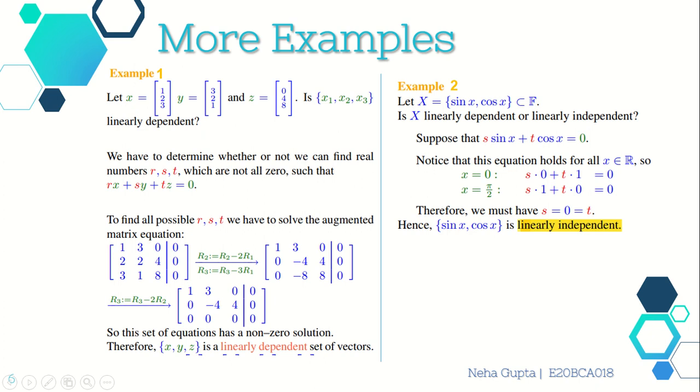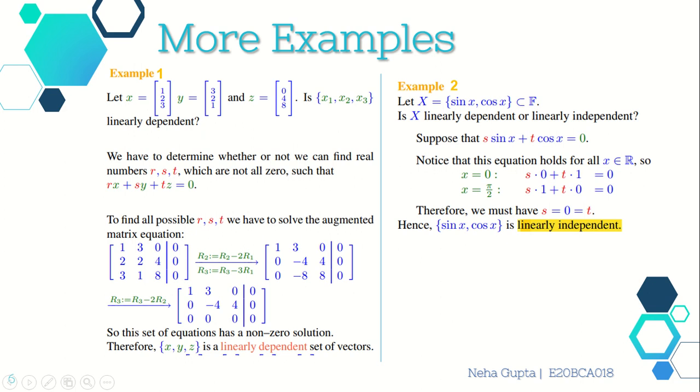If the number of vectors present in the span is equal to the rank, then we can say it is linearly independent. If the rank is 3, then we can say it is linearly independent, because three vectors are present in the span and the rank is also 3.